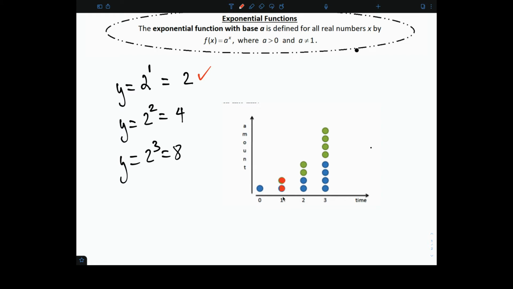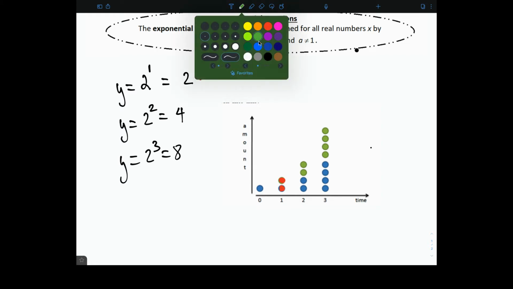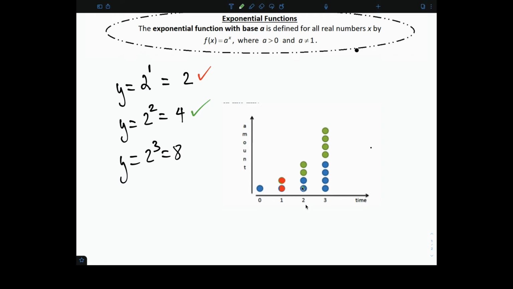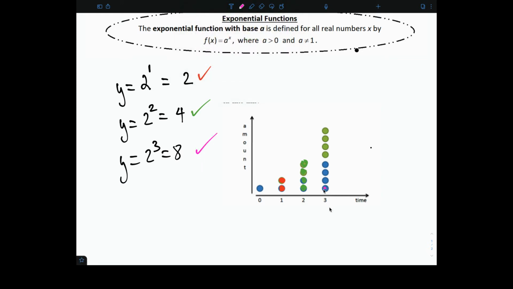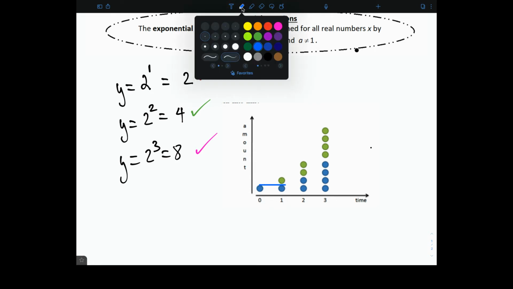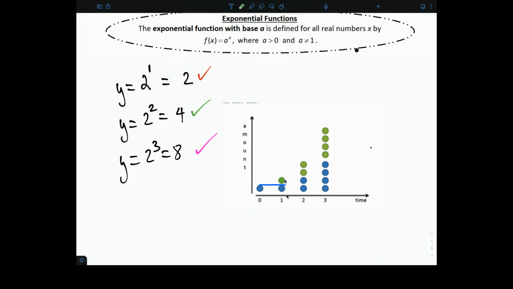The next value, which is 4, is what happens in the second iteration. And then in the third iteration, we have 1, 2, 3, 4, 5, 6, 7, 8. Now, the way that this graph is color-coded is to illustrate that after the first interval, you gain an additional 1, and that's this one in green.